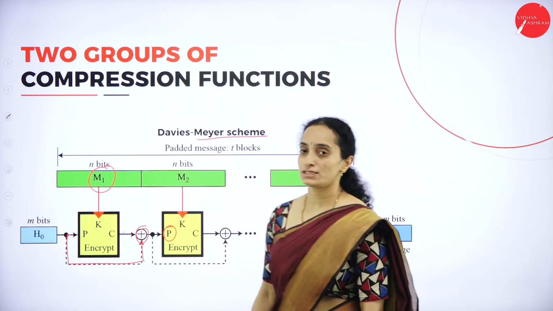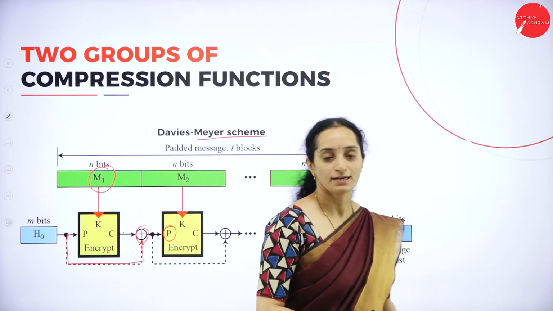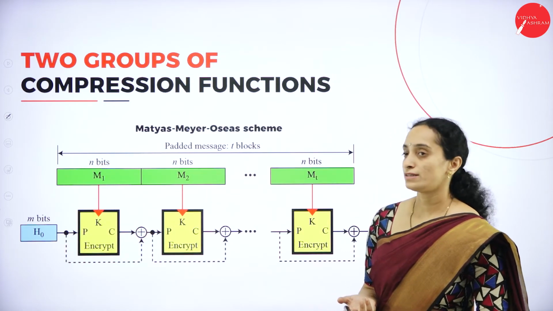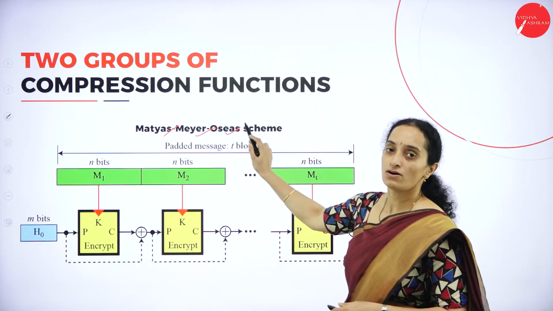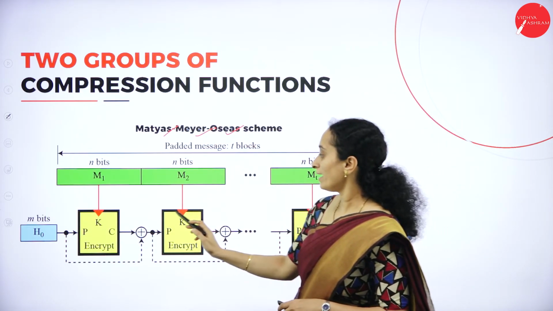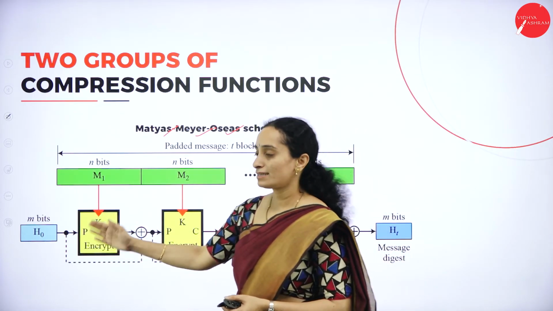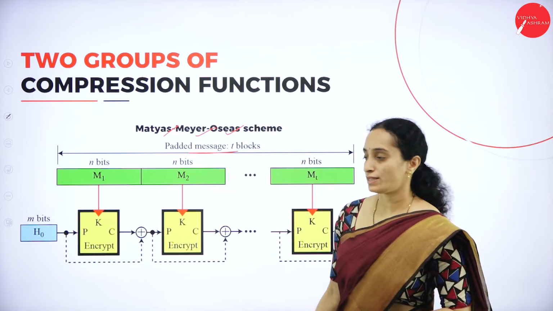So, the same procedure is followed to get the new message digest. Then we have an improvised version of the Davis-Meyer scheme, that is the Matyas-Meyer-Oseas scheme, where they use the same concept: plaintext, key as well as ciphertext, with a padded message of t blocks.